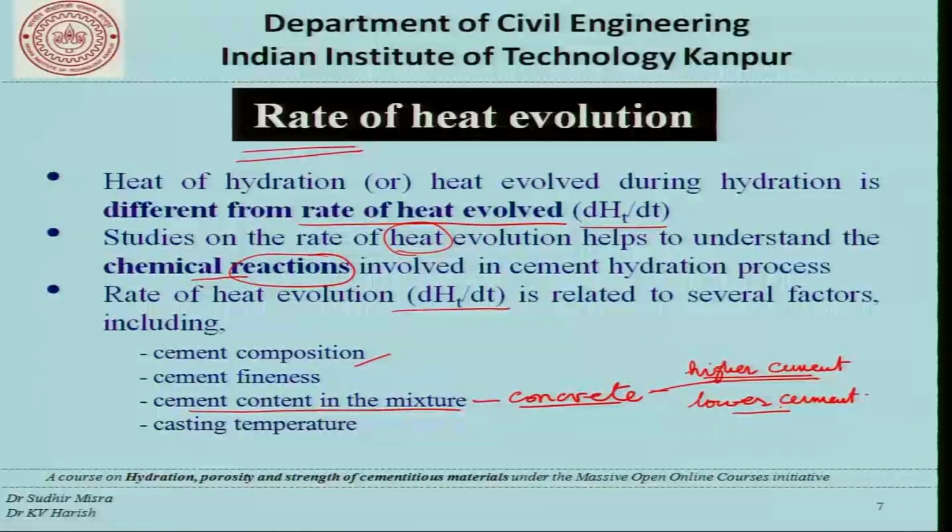So, as far as the dH by dt for concrete is concerned, it is related to the cement content of the mixture as well. The temperature at which the concrete is cast also has an important bearing. We will try to discuss these aspects when we talk about the issues involving heat of hydration and concrete in a subsequent discussion.